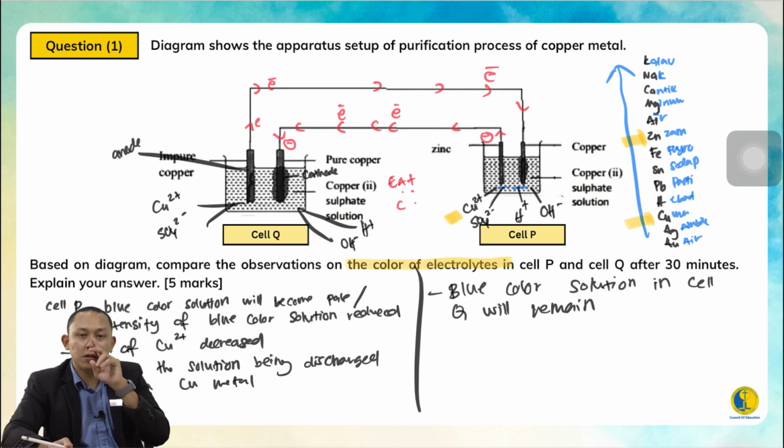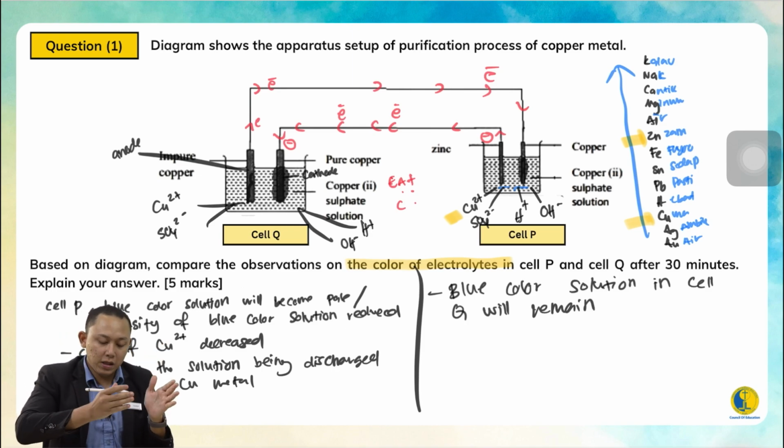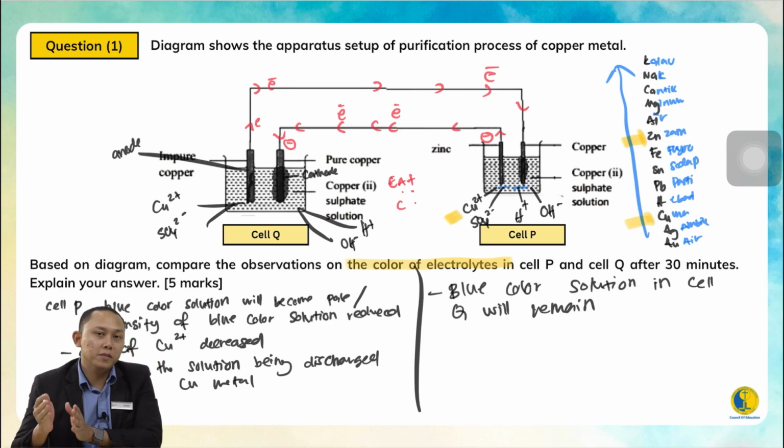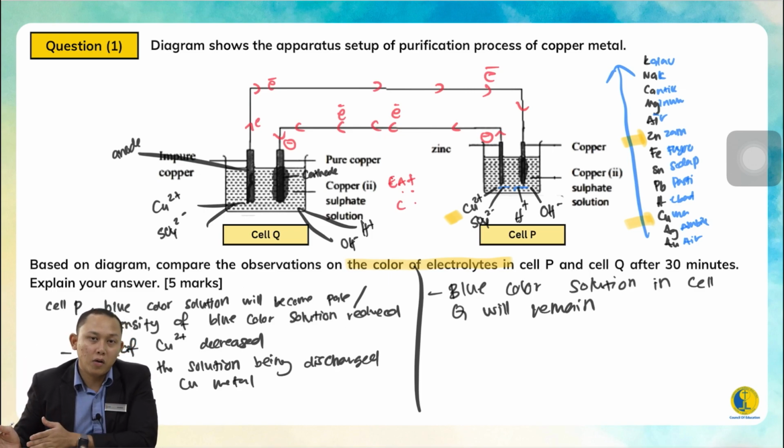Why remain? Because, as I mentioned, Cu will ionize to form Cu2+, and at the negative terminal, the electron is given to the Cu2+, and then the Cu2+ will become copper metal.